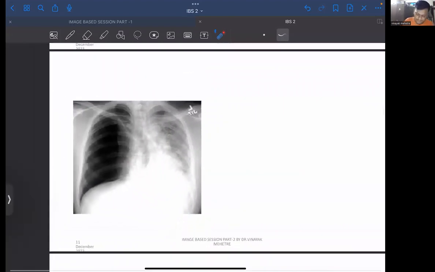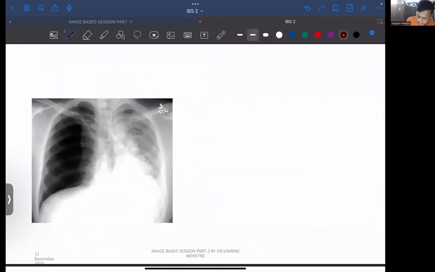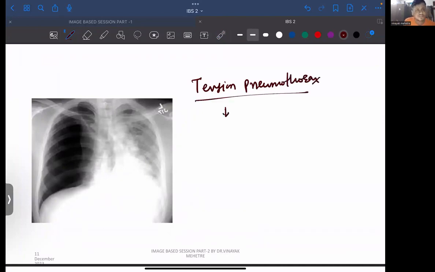So what we will see in tension pneumothorax: features of simple pneumothorax, right? Same simple pneumothorax के features मिलेंगे.